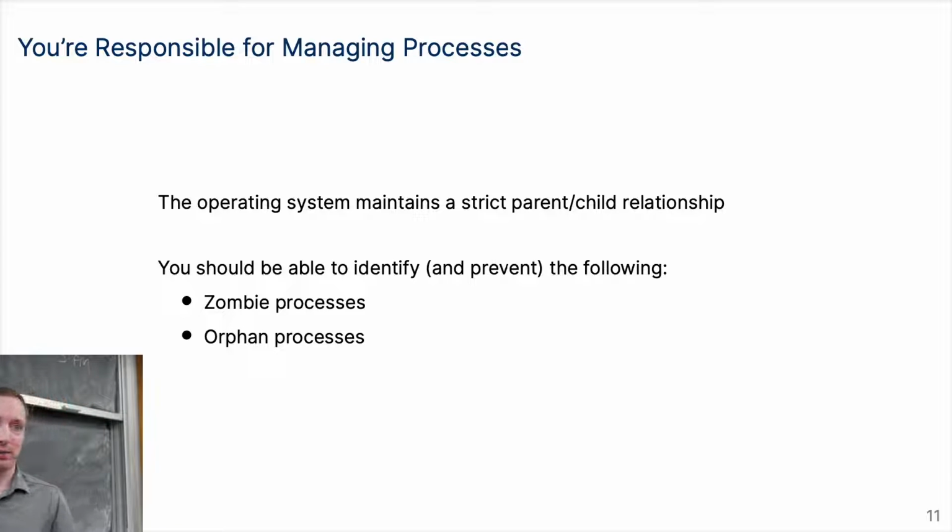Zombie processes, which means the child has exited first, and you need to acknowledge it by calling wait. And then you don't want to create orphan processes, but if you did, they will get reparented, likely to init. For the purposes of this course, we'll just say they get reparented to process ID 1, because that just makes things easier.